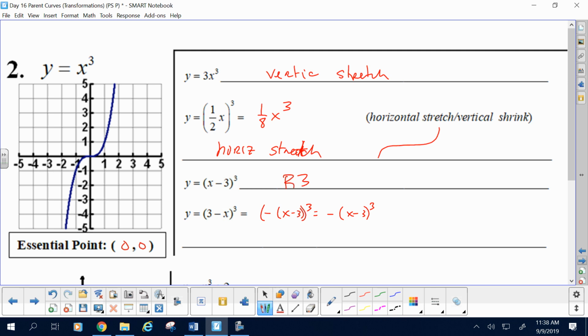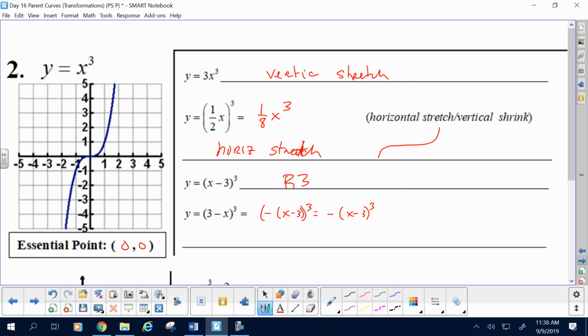Okay, cool. All right, so what are the two changes that are happening there? Well, it's reflected across the x, and then it is moved right 3. Now, and this will be the hardest part to this concept, the order in which you do stuff matters. When you do changes, they go inside out.